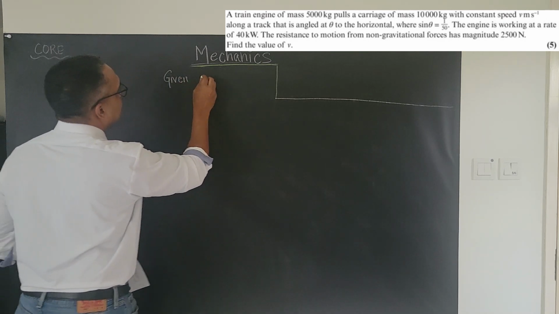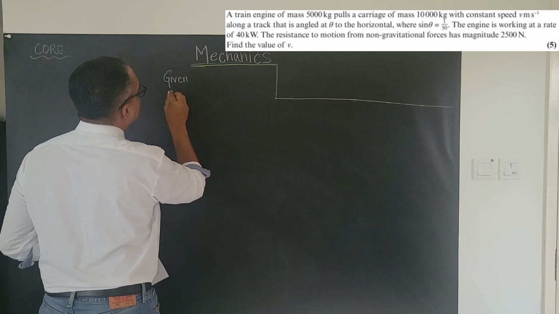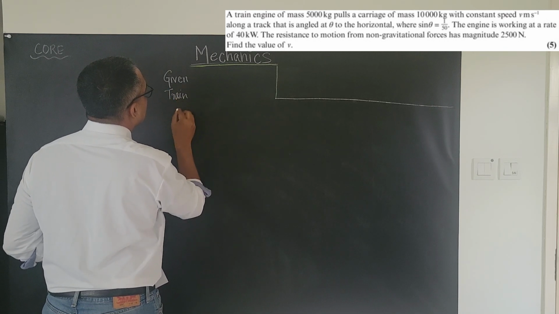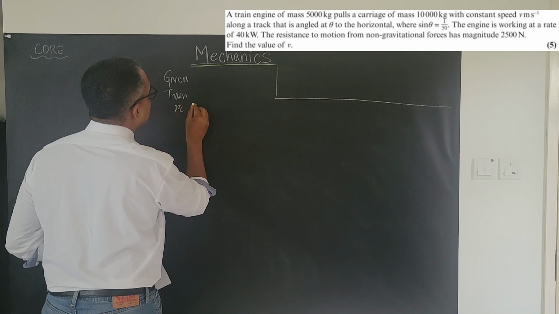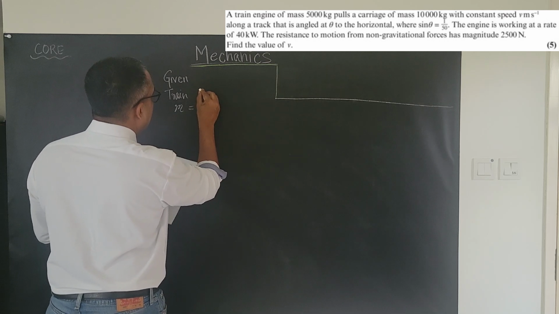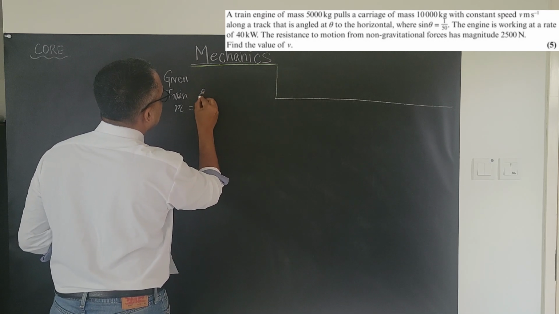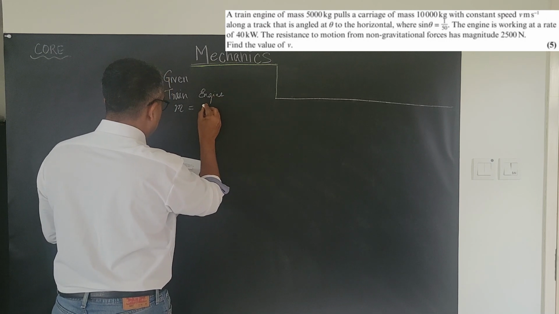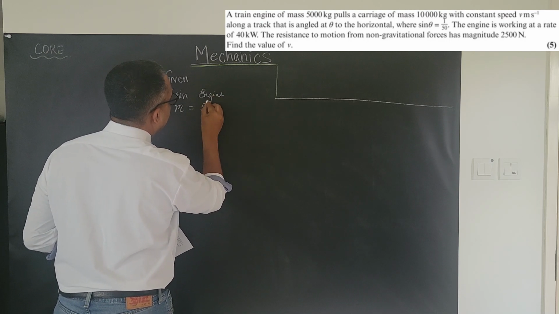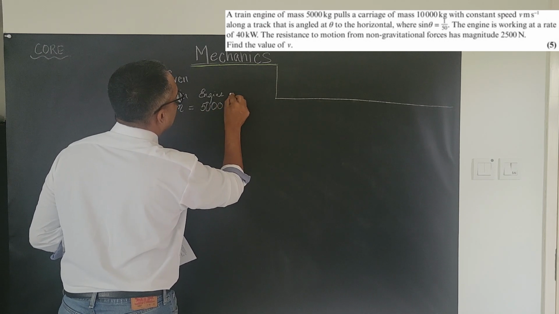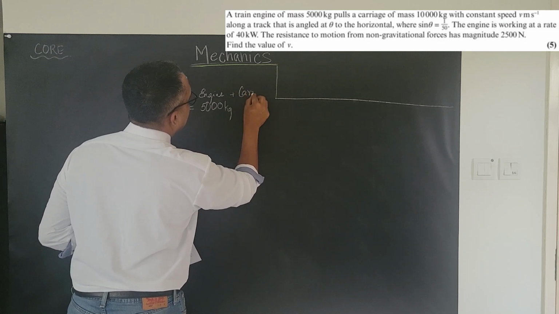You have the train whose mass m is equal to the engine, which is 5,000 kg, plus the carriage.